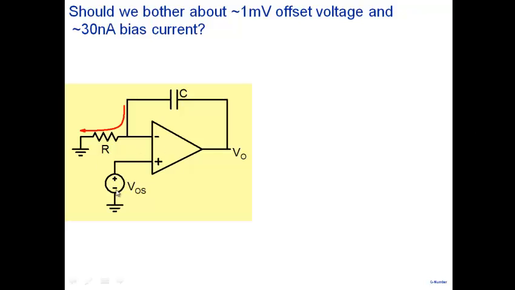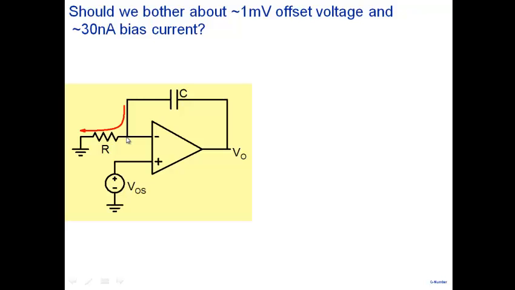So what will this input offset voltage do? This is an ideal op-amp in series with an offset voltage, which is mimicking all the non-idealities. We can analyze now, because this is an ideal op-amp. The voltage here is VOS, let's say 1 millivolt. The voltage here will be 1 millivolt, right?